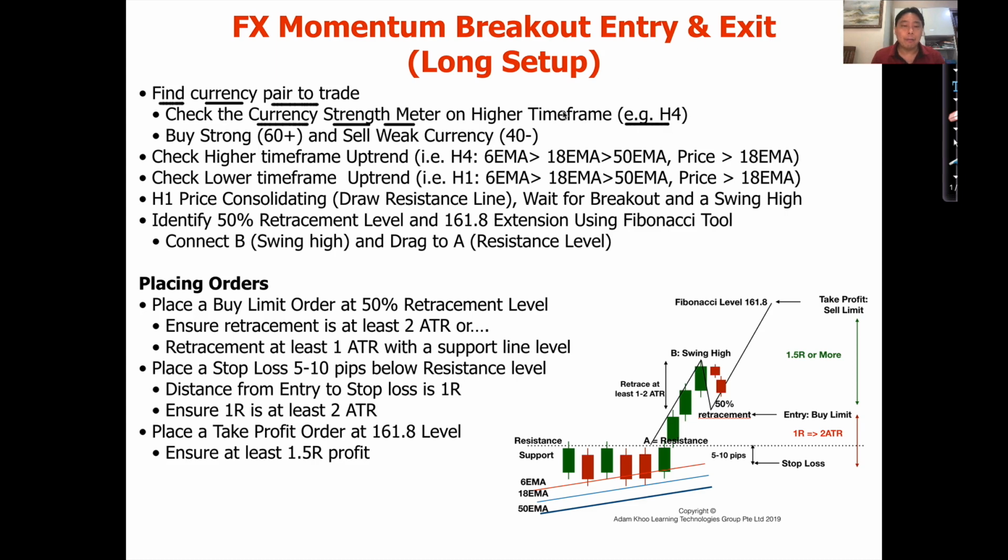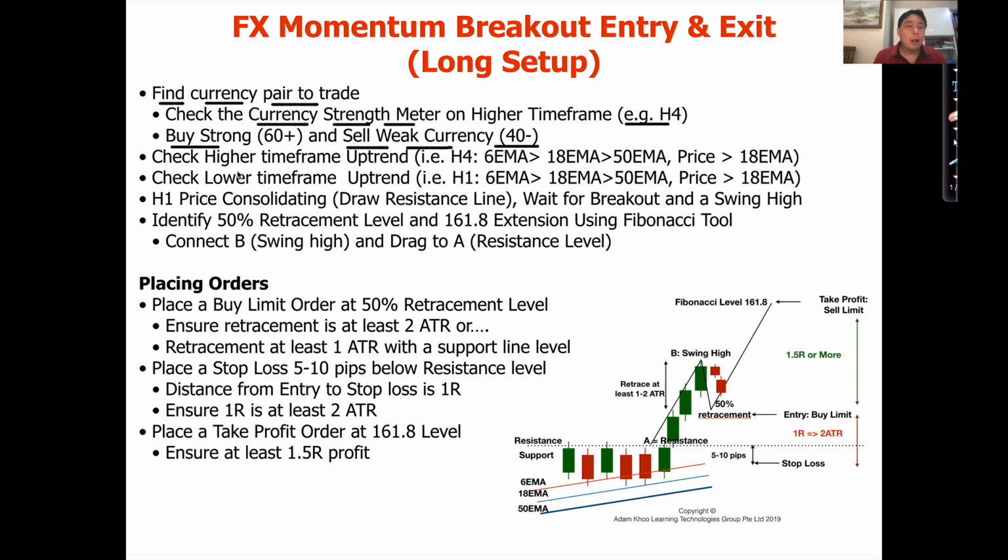And on H4, we're looking at the strongest currencies, 60 and above in green, and the weakest currencies, 40 and below in red. So we always want to be buying the strong currencies and selling the weak currencies. So for example, you may notice that, hey, the dollar is strong and the yen is weak on that day. So we want to be going long dollar yen.